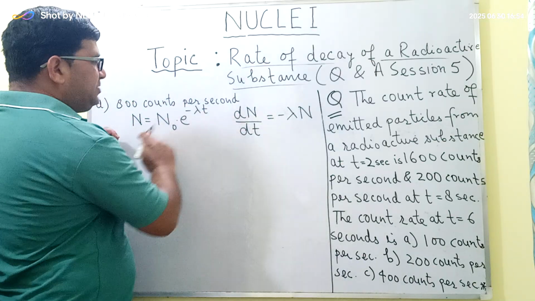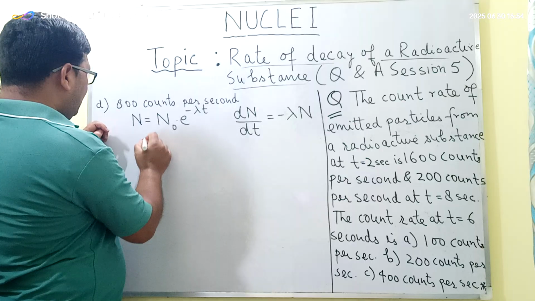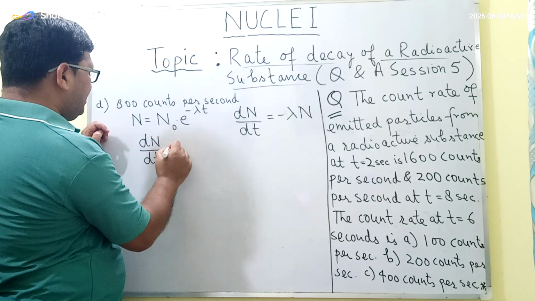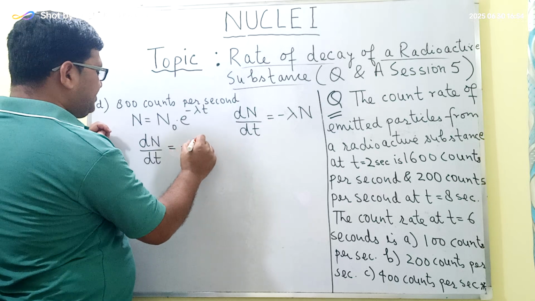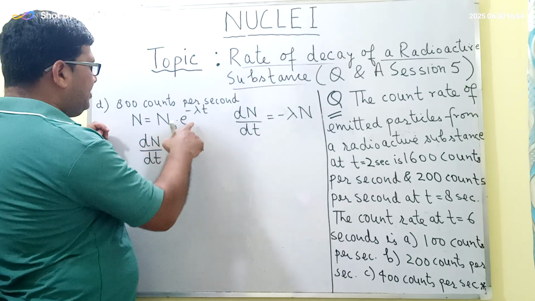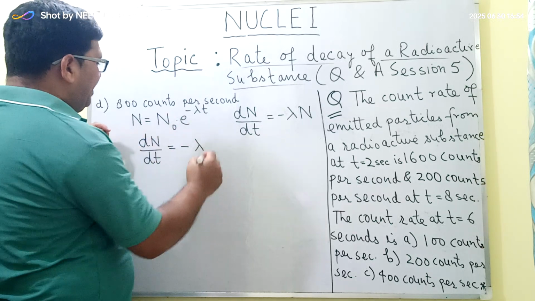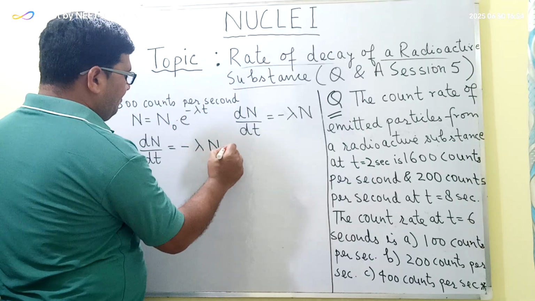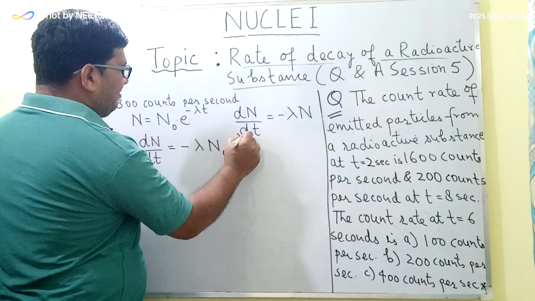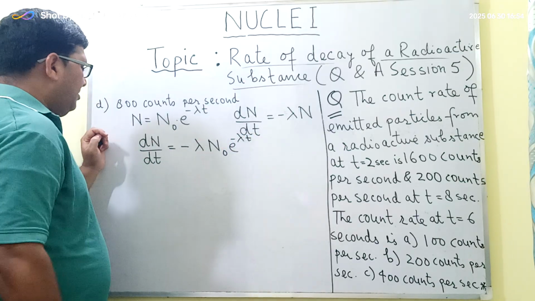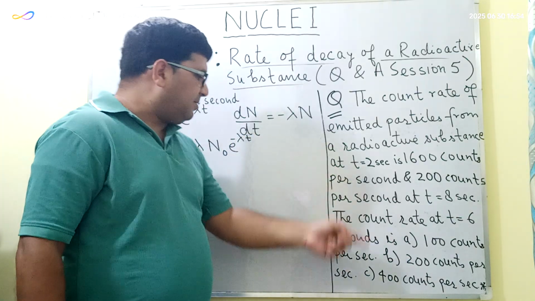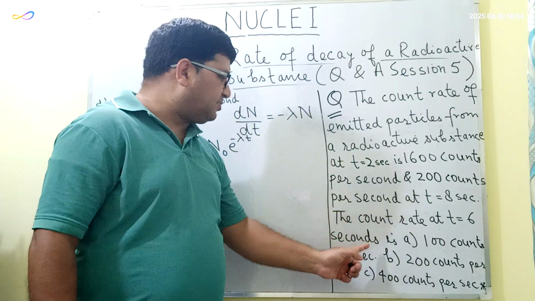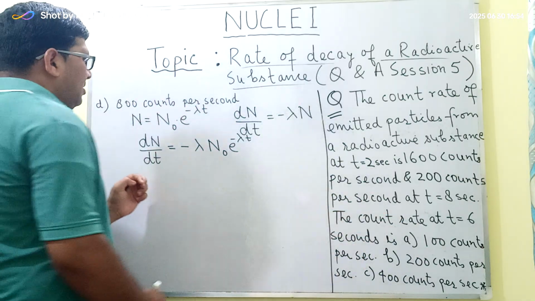If I combine both these equations, I will get the rate of decay as minus lambda N naught e to the power minus lambda t. This is the equation I will use in this question to find the count rate at t equal to 6 seconds.